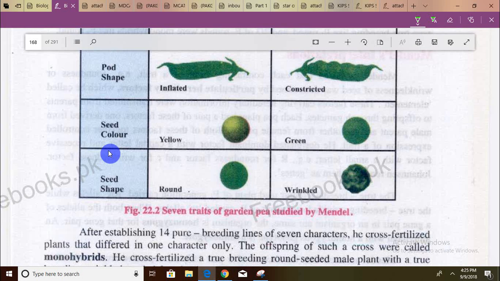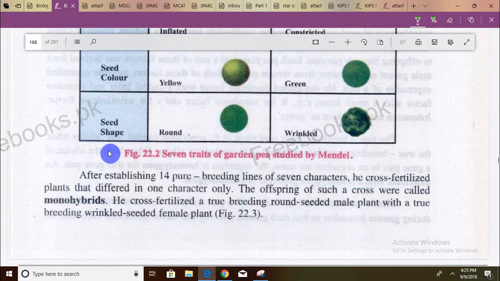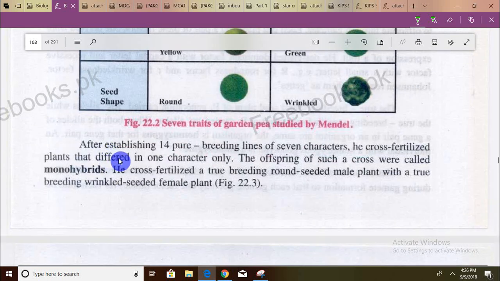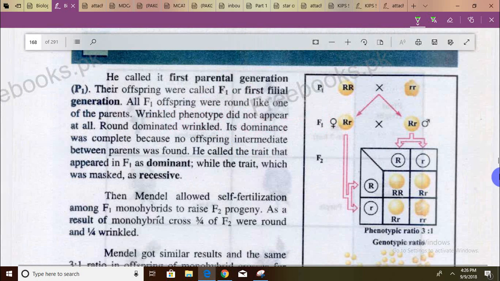He cross-fertilized a true breeding round-seeded male plant with a true breeding wrinkled-seeded female plant. And what was observed? He called it the first parental generation, and their offspring were called F1 or first filial generation, right?